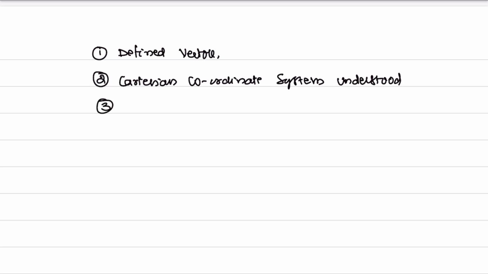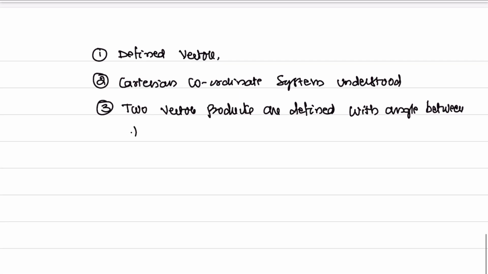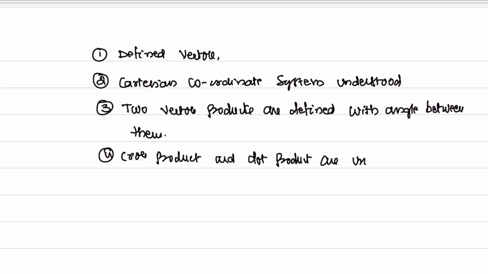Third, two vector products are defined with the angle between them, cross product and dot product, and are understood.